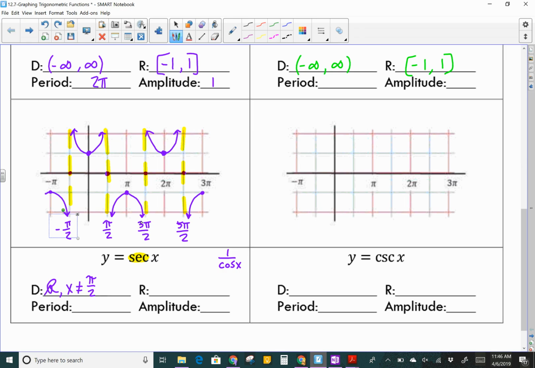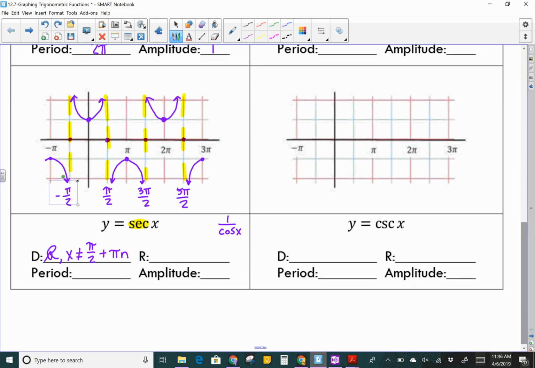So basically, I'm subtracting 3 pi minus pi is 2 pi over 2, which is pi. And so it's plus pi n, n being any integer. So if I start here and I add 1 pi, I'm there. If I add 2 pi, I'm here. If I subtract a pi, I'm over there. So that's how we write the domain. The range, I told them in class they could write it one of 3 ways.